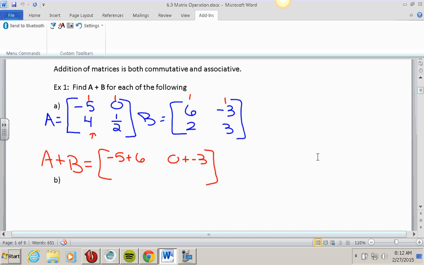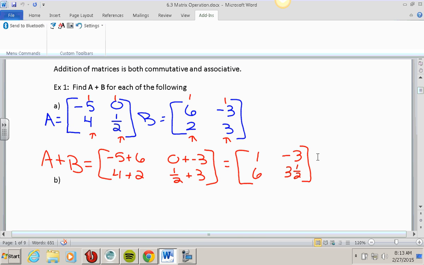And then these two. 4 plus 2. And then these two. 1/2 plus 3. Simplify this out. We get 1, negative 3, 6, and 3 1/2. So adding together two 2 by 2 matrices gives us a 2 by 2 matrix.